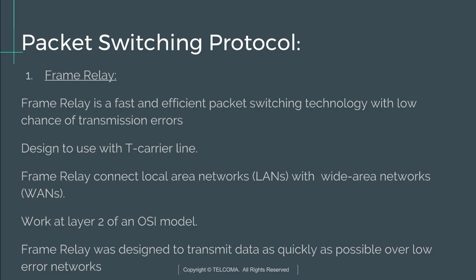Frame relay is designed to transmit data over the transmission medium as quickly as possible over a low error network. It also checks whether the data is error free. So this was the frame relay packet switching protocol.